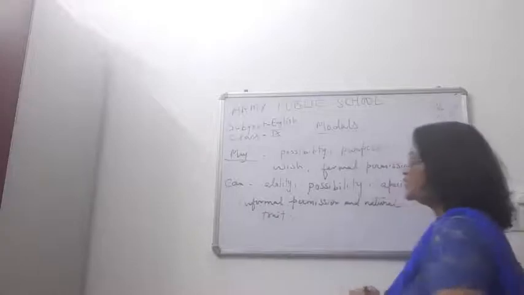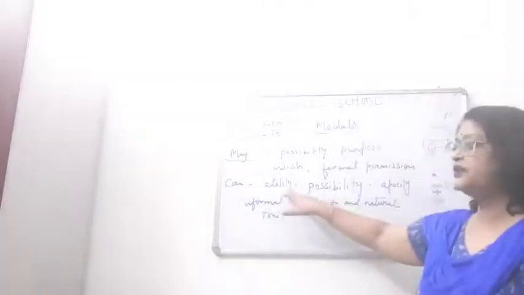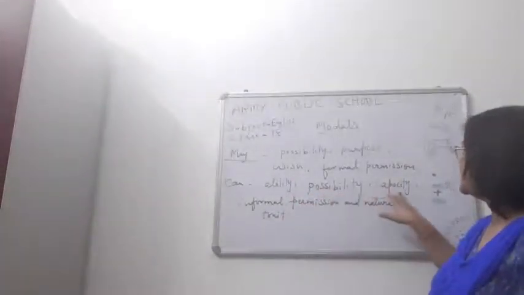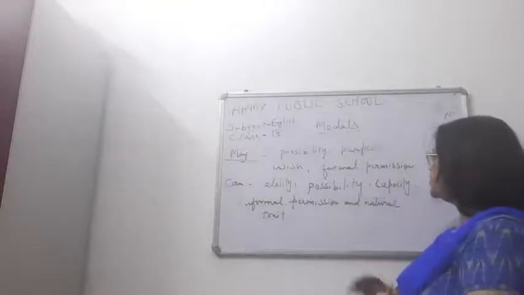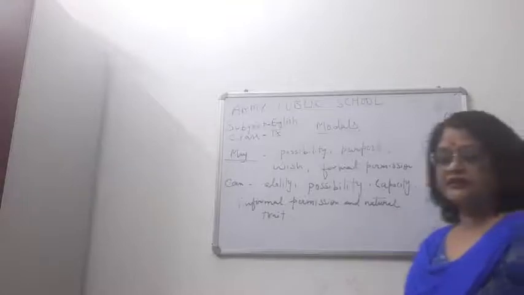So children, can is an important point. Ability, possibility, capacity, informal permission and natural trait.